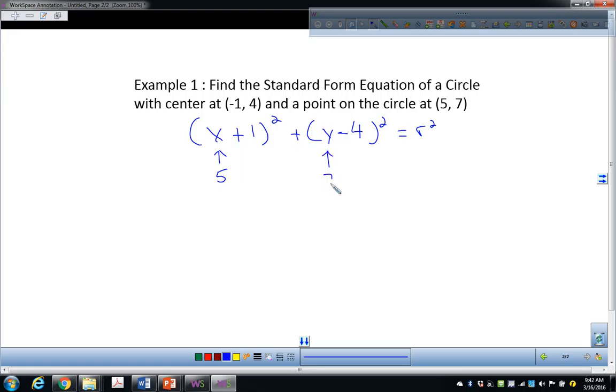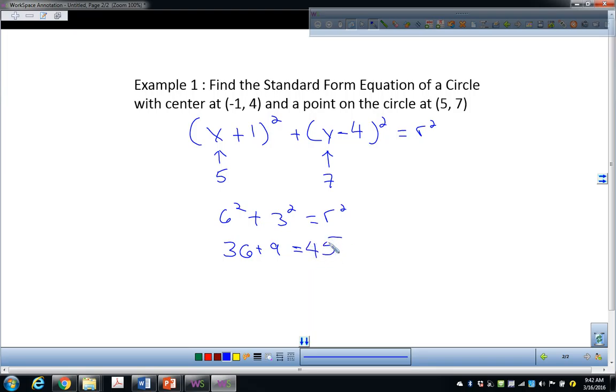So I plug in that particular point, and now I get 6 squared plus 3 squared equals r squared. So you get, what's that, 36 plus 9? Did I do that right? Equals 45? Tell me if I make a mistake, because I've been known to make mistakes before. That's right, 45.